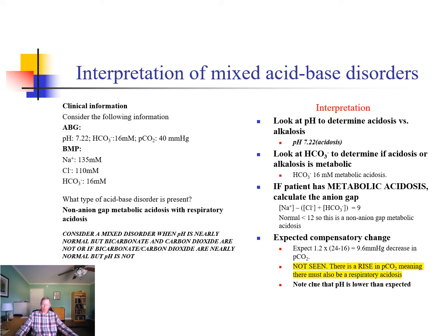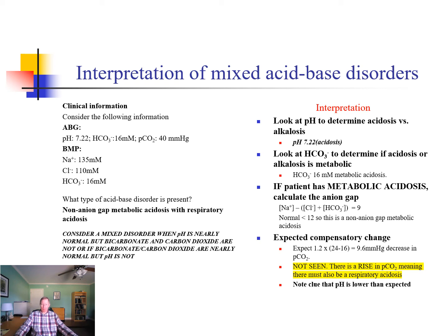I also want to point out something else to look at. If you ever see in the arterial blood gas that the pH is right at 7.40 or very close to it, but the bicarbonate and the PCO2 are off, you probably have a mixed disorder.